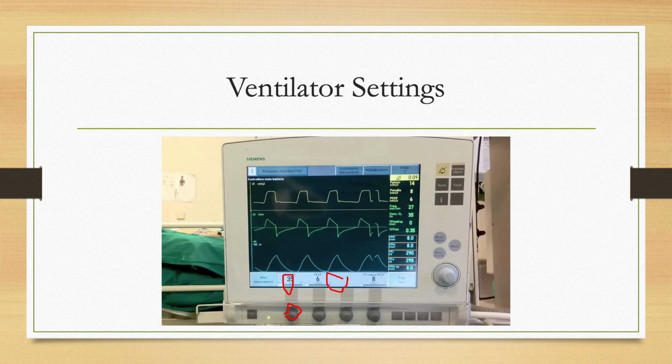The next value here is pressure support. This depends on the mode that a patient is on, but pressure support is basically the change in pressure above PEEP value that exchanges volume in and out of the lung. Tidal volume is something that we set for a patient.